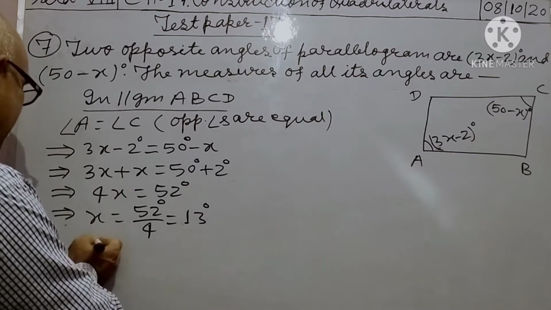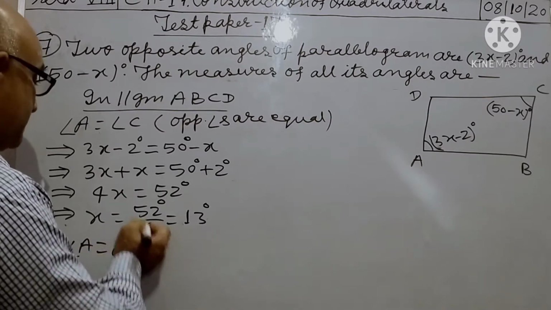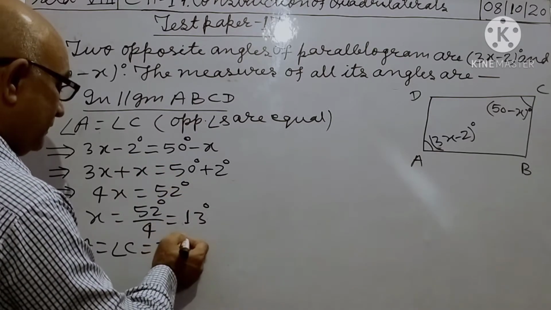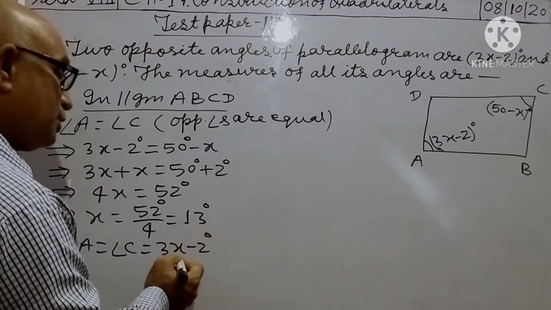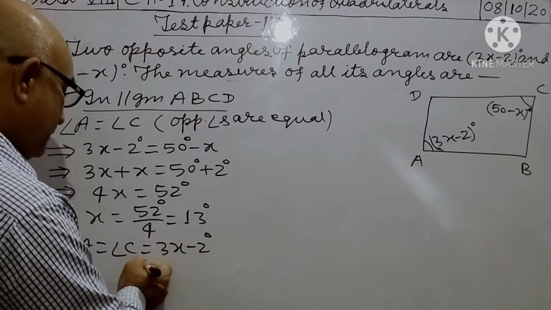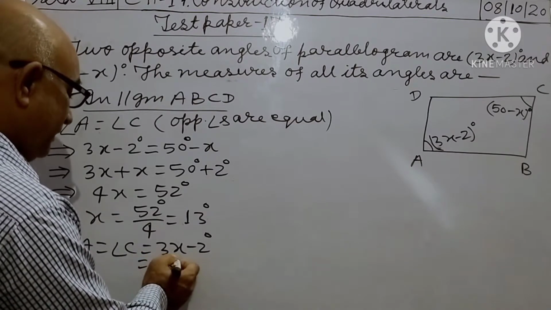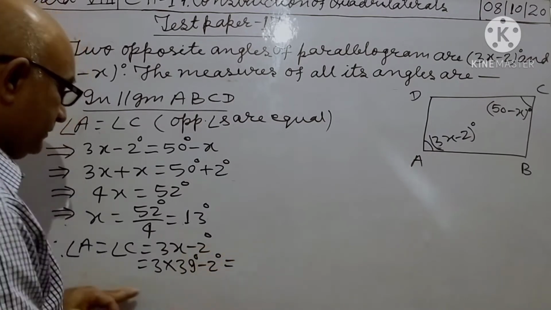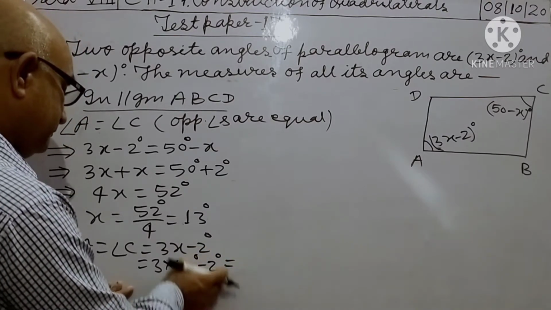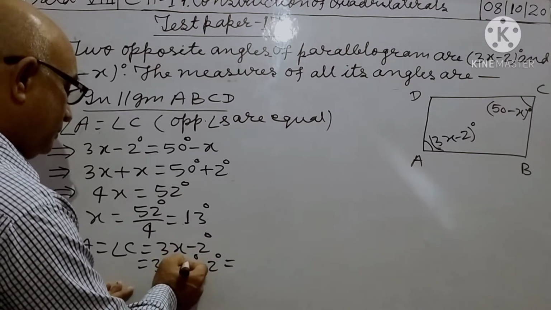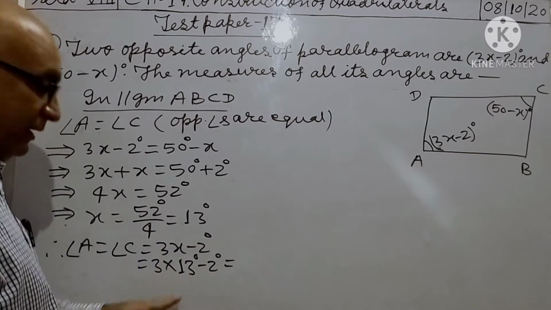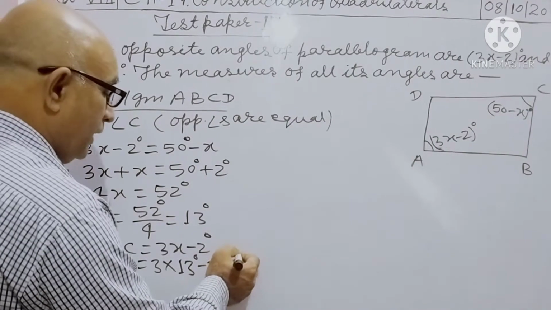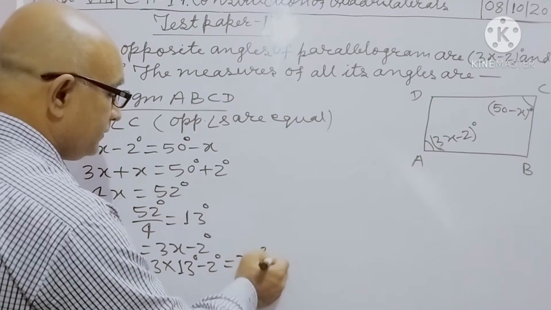Therefore angle A equals angle C equals 3x minus 2 degrees, which is 3 into 13 degrees minus 2 degrees. 3 times 13 is 39, and 39 minus 2 equals 37 degrees. Answer.